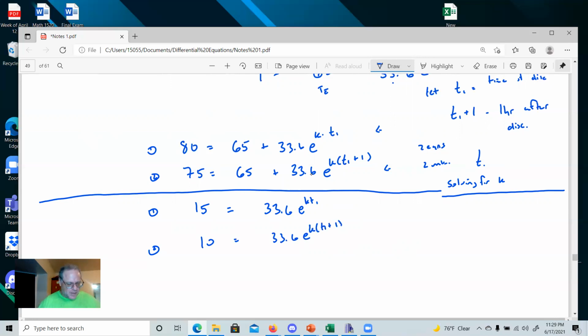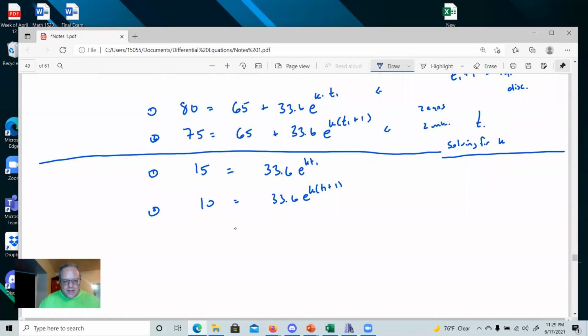Then we could do something clever like say e to the kt1 is equal to 15 over 33.6, and e to the kt1 plus 1 is equal to 10 over 33.6.